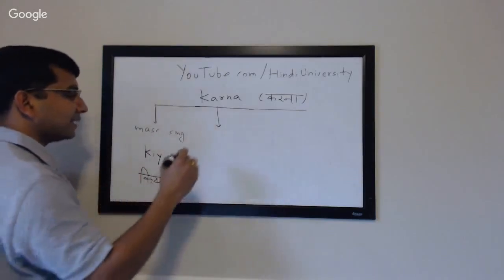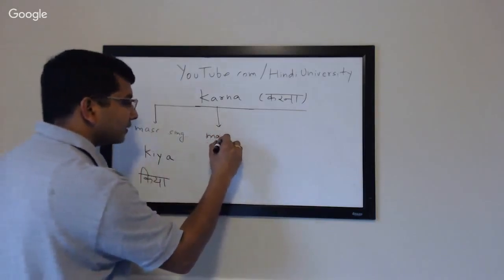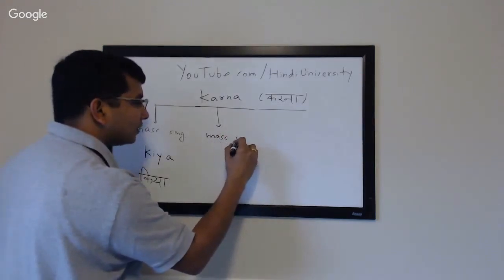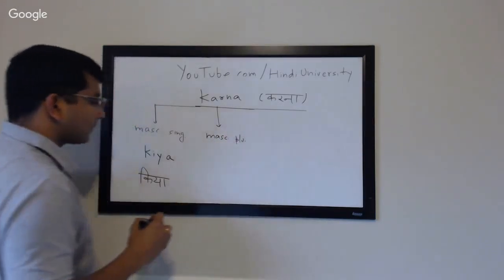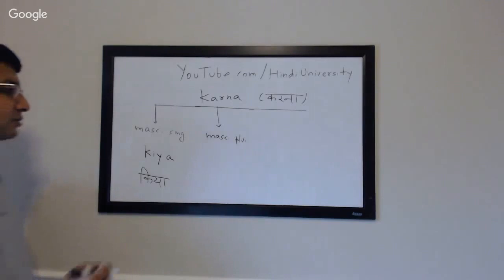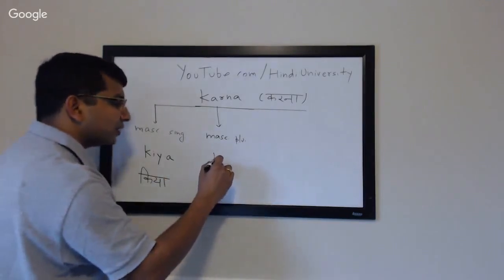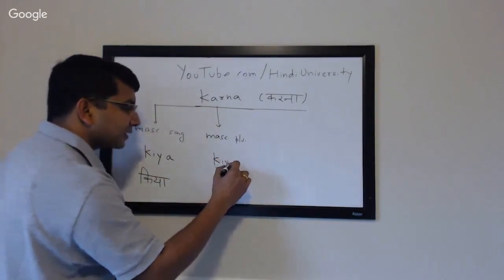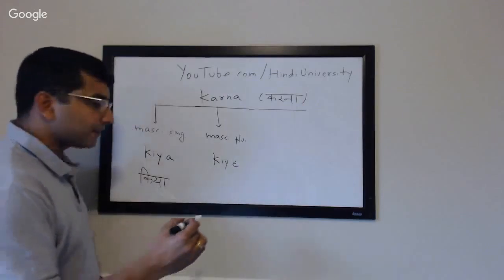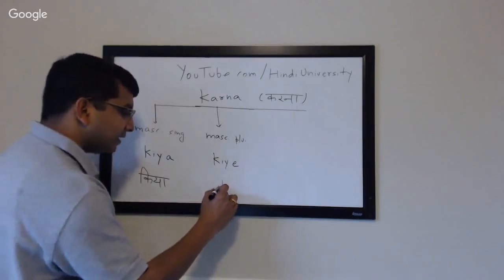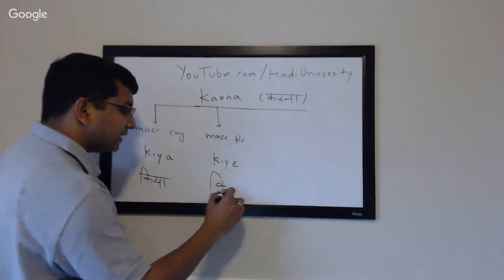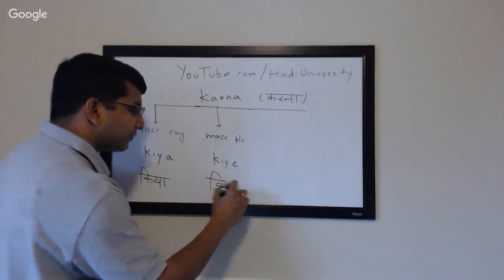Okay. The second one is masculine plural. In the masculine plural, it's called kiye. Kiye. Okay. And the way you write it in Devanagari, you have a k with e, and you have a ye.